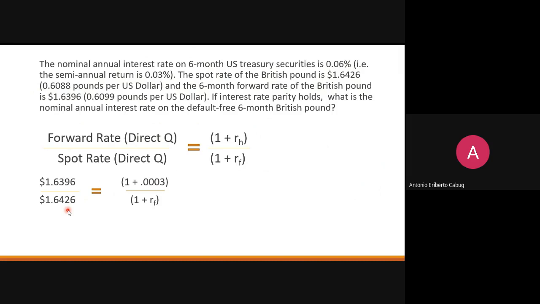Do it this way. 6 months, 1 plus 0.0003. That's 0.03%. Over 1 plus R sub F, where R sub F is the unknown. You may divide this, 1.6396 over 1.6426. Then, gawin nyo na lang to 1 divided by 1.03 para maging 1 na lang to.